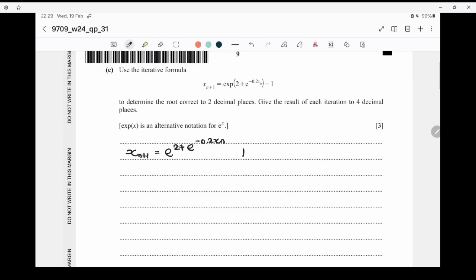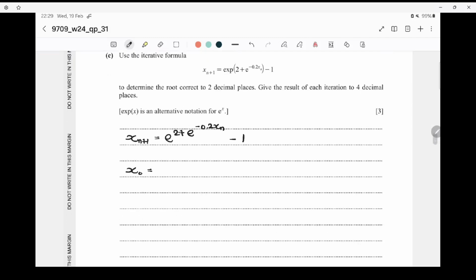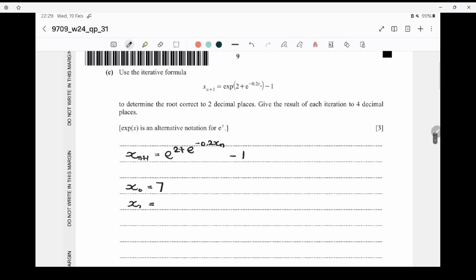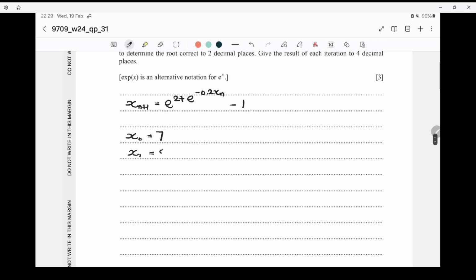Sorry, minus 1. So make sure you key in the equation correctly inside your calculator. So you can let your first guess to be 7. Then once you calculate the right hand side, the left hand side becomes x1. So x1 you would get this value.